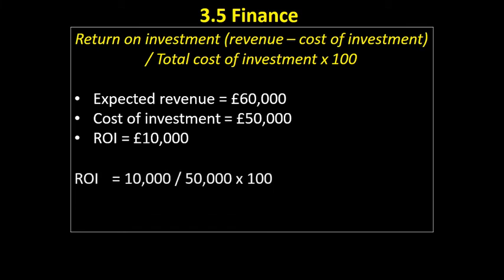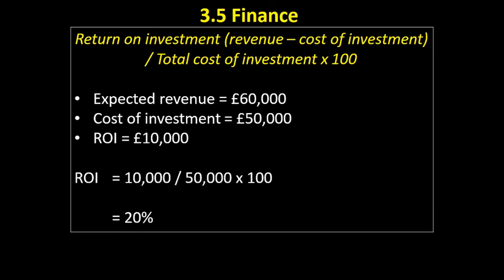So let's stick that in the formula. 10,000 divided by 50,000 times 100 equals 20%, and the return on that £50,000 investment is a £10,000 profit, which is 20% of 50,000.